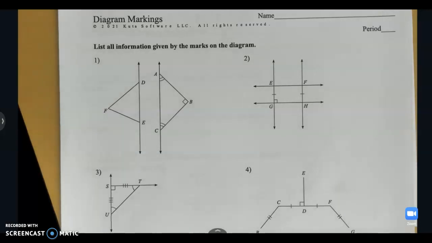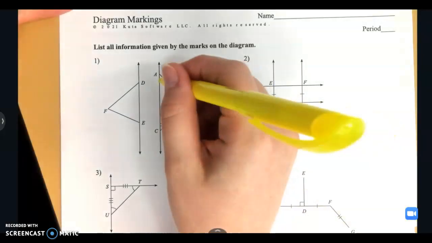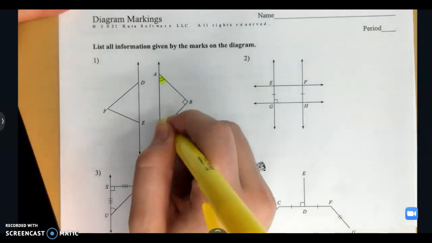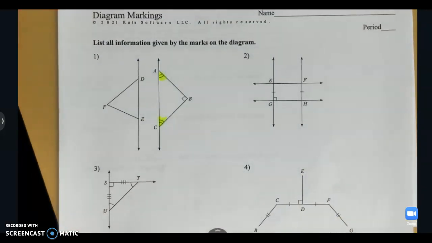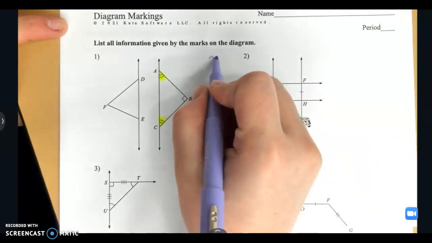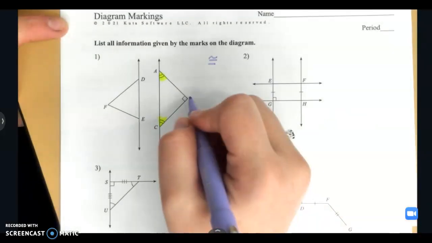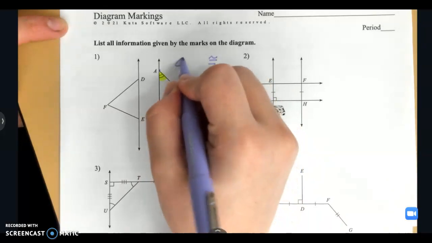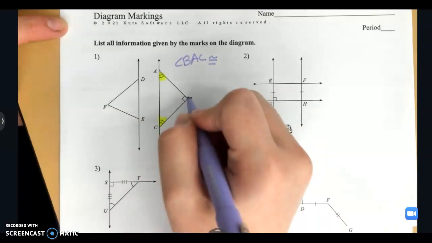Starting with number 1, where do I have matching tick marks? On angles or segments? Angles, right? I've got 2 arcs here and 2 arcs here. That means that those tick marks match. So which angles are congruent? BAC and BCA.